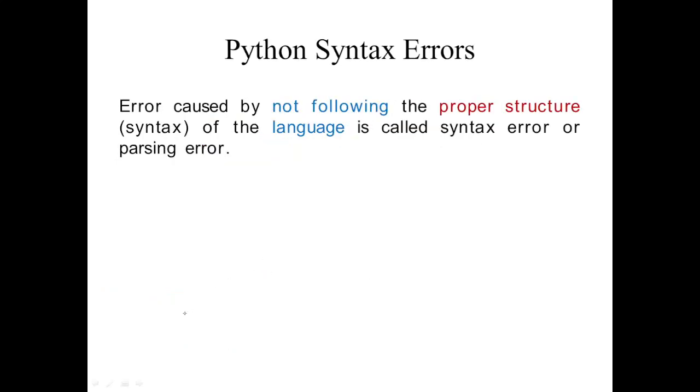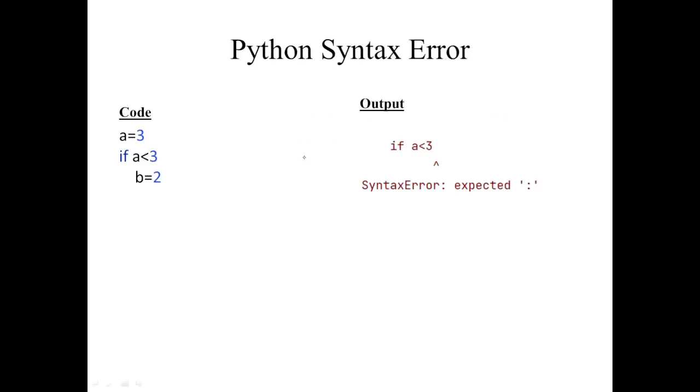Errors which are caused by not following the proper structure of Python are called syntax errors. They are due to a mistake in the language of Python or the code. Here we have written an example.